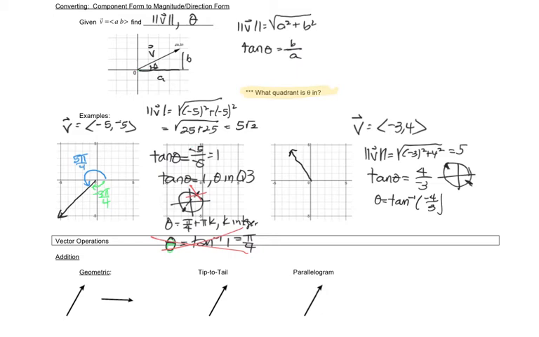When I take the inverse tangent, it gives me that one. That's not the one I want. So it's okay, we're going to use that, but we're going to adjust it. So for our angle, we would need to take that angle and add pi to it.